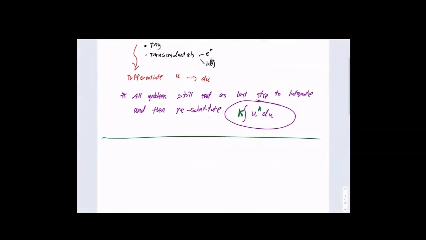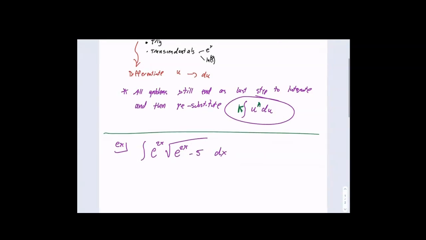So let's look at an example. The first example is the integral of e to the 2x times the square root of e to the 2x minus 5 dx. Now, this function looks much more confusing, but there's the same property.